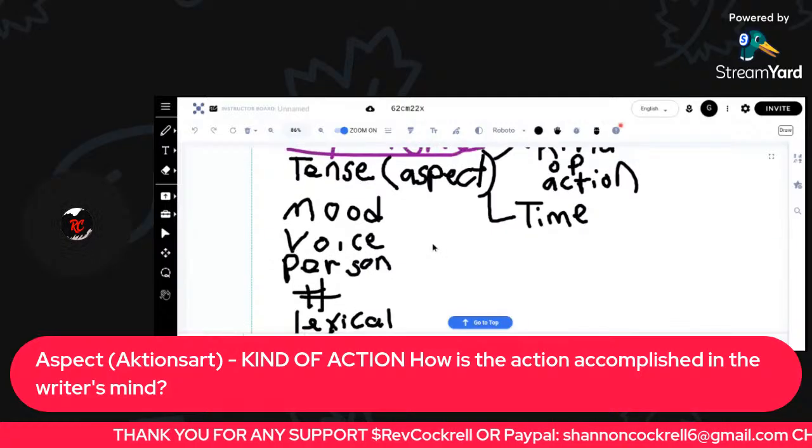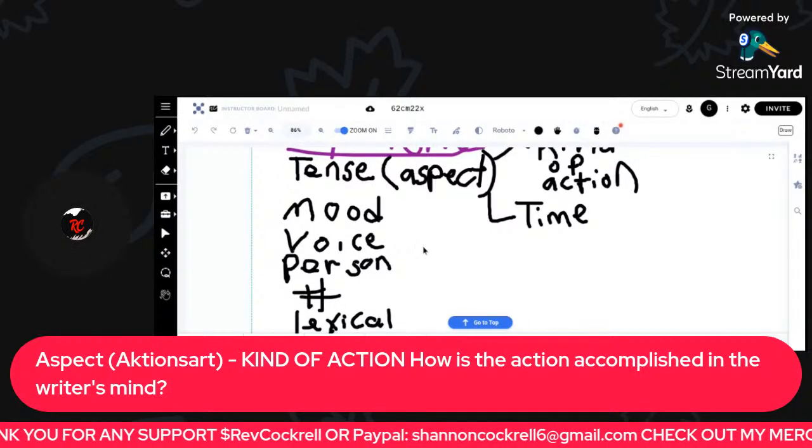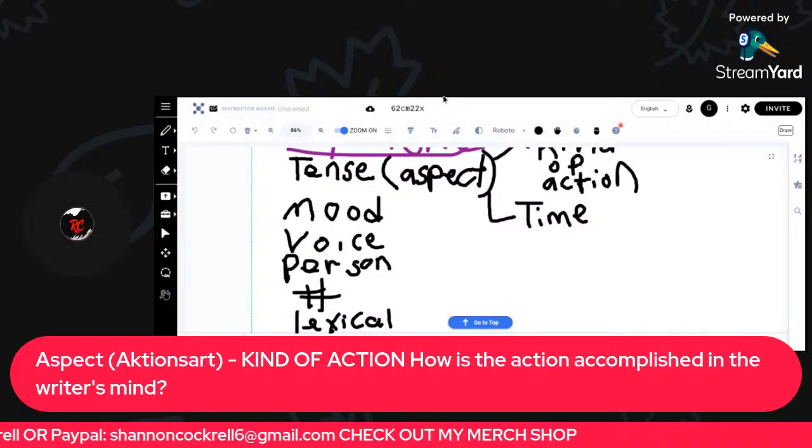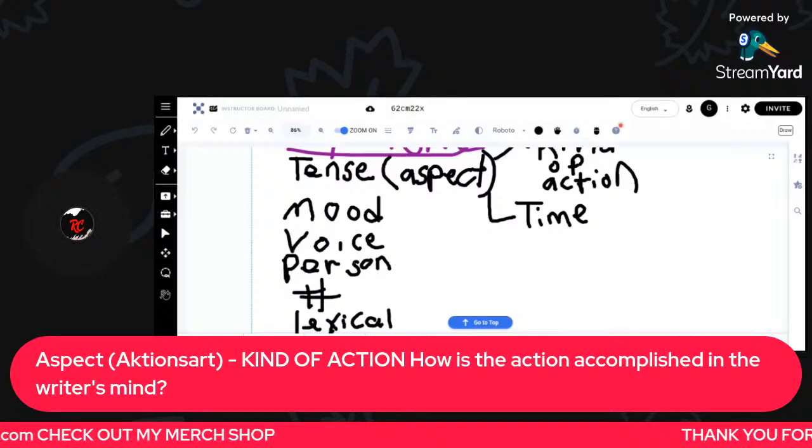So when we look at tense, tense is what is better known as action sort, or what kind.